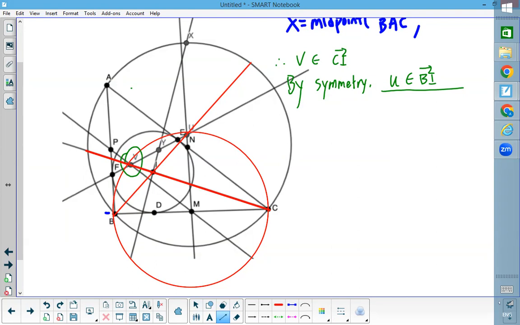So we have V on the angle bisector of angle C, and U on the angle bisector of angle B.